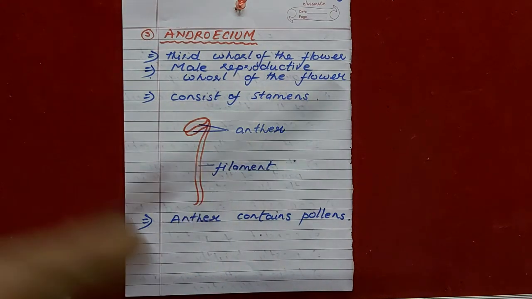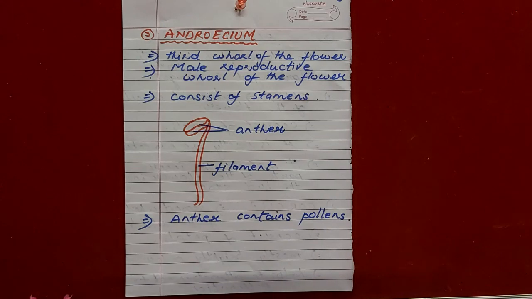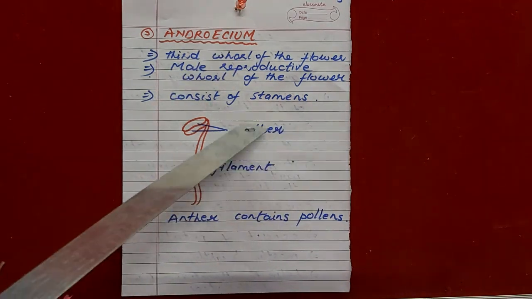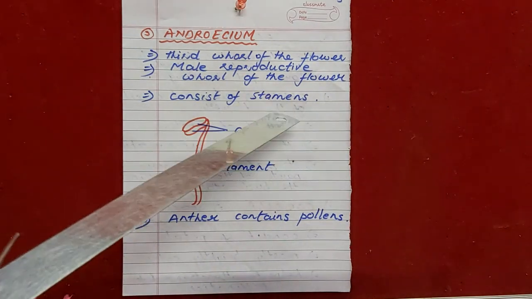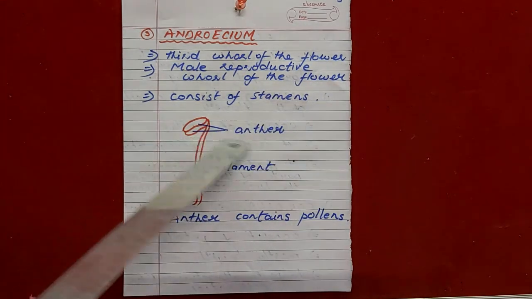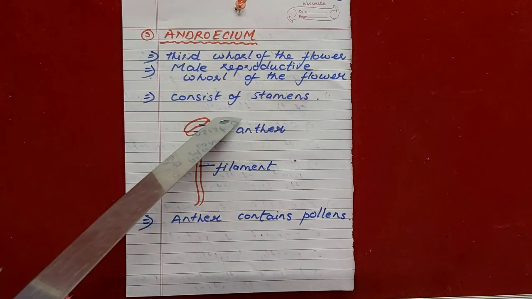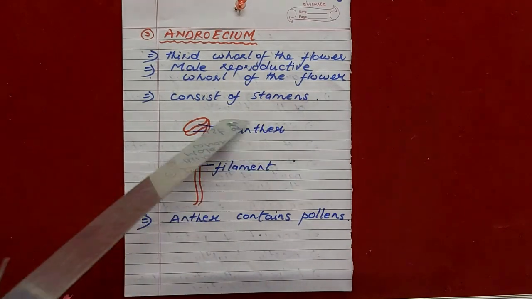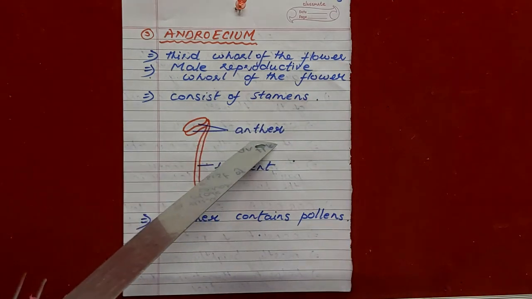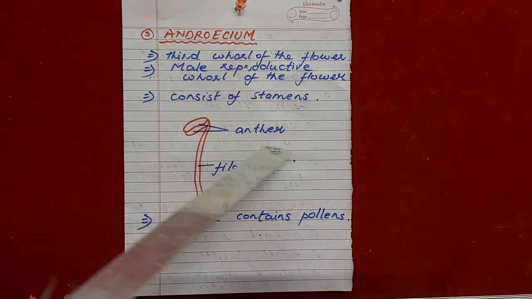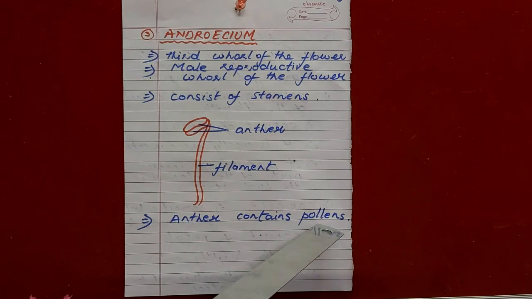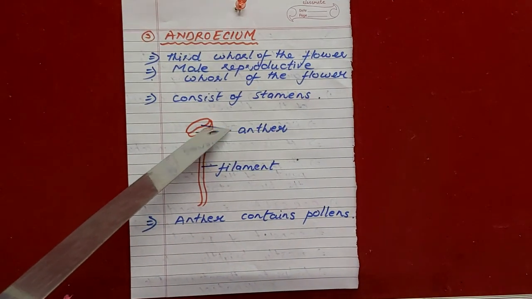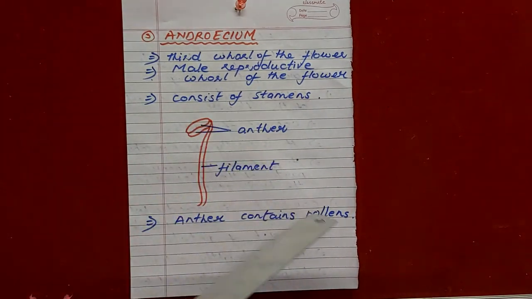It consists of stamens, and a stamen is divided into two parts. Each stamen has a long filament and a sac-like or bulb-like structure called the anther. The anther contains the pollen.